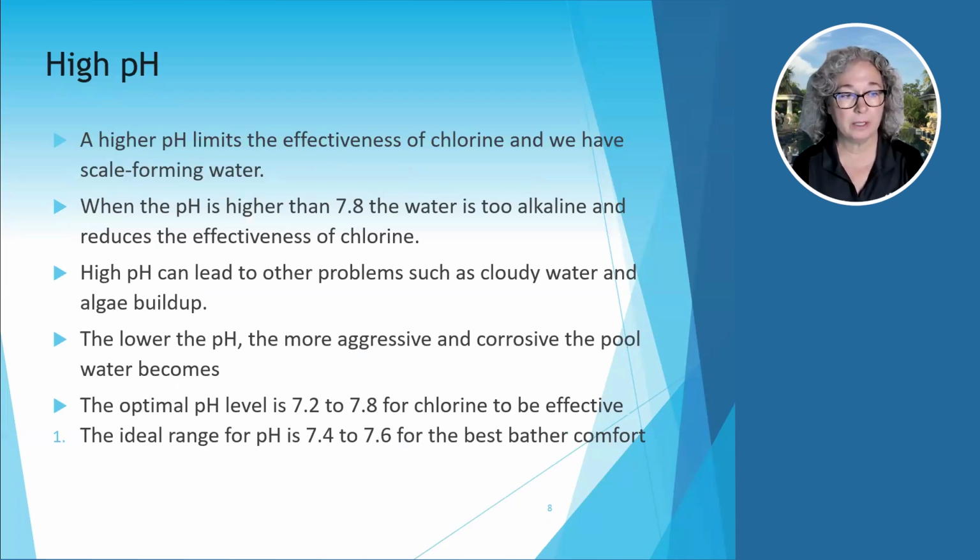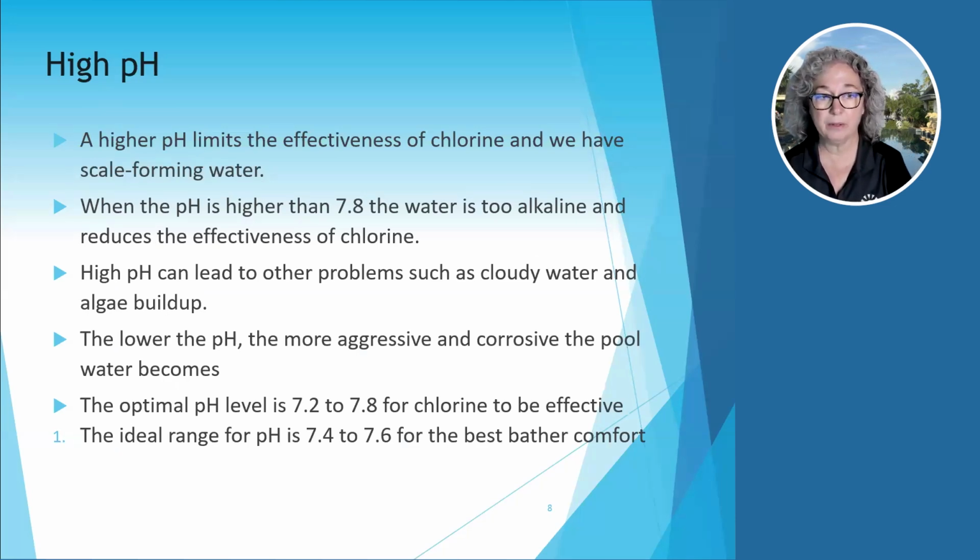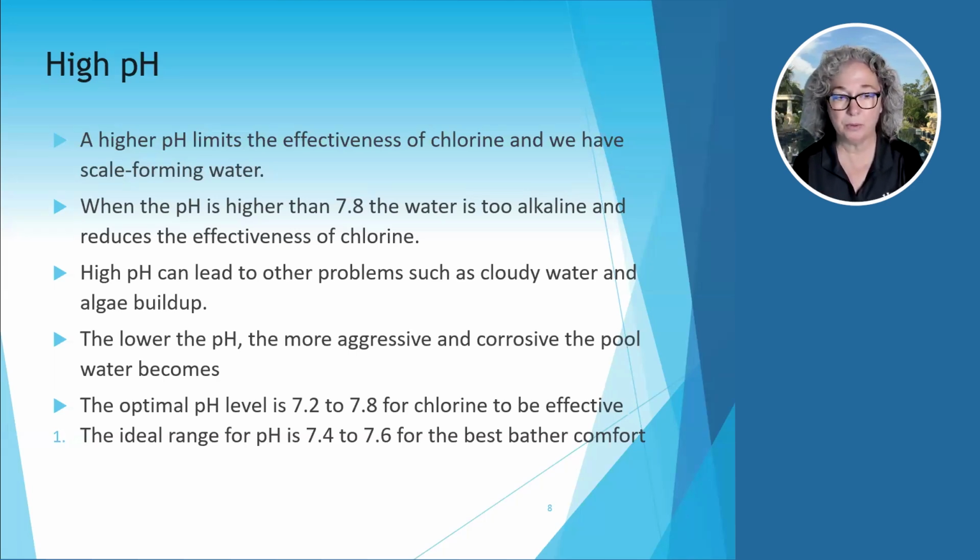High pH limits the effectiveness of the chlorine and then we have scale forming in the pool. If you have a pH higher than 7.8, your water is too alkaline and the effectiveness of chlorine is reduced. High pH can lead to other problems such as cloudy water and algae buildup. The lower the pH, the more aggressive the pool is, and you're going to have corrosive water.